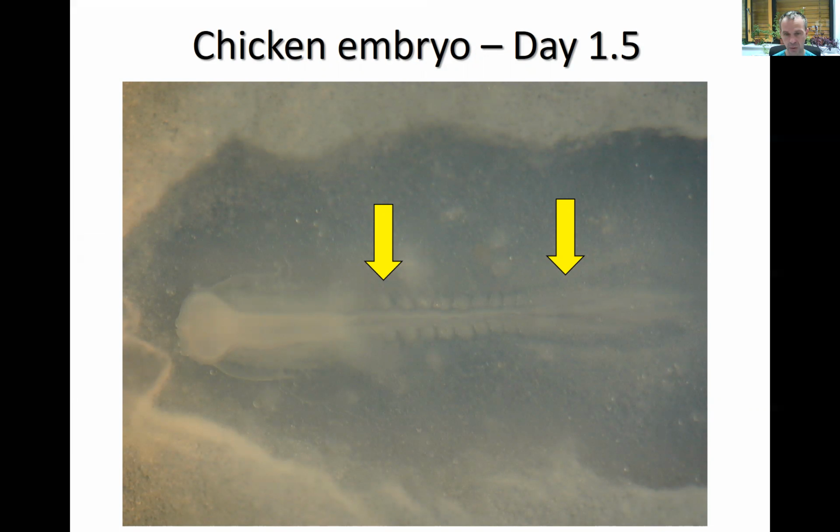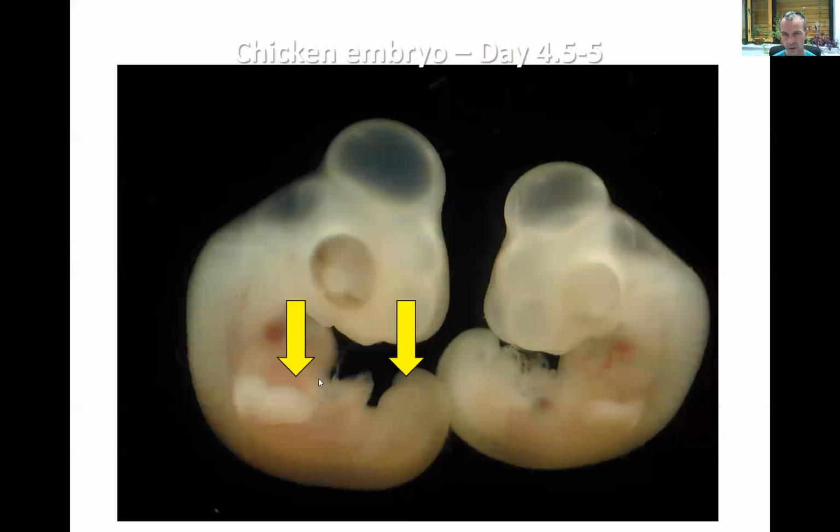This is a chick embryo here, and you can see the somites and the neurulation which is happening here. And then later in the chicken embryo, which is nicely formed here, you can see already the formed buds. So here are the basis for upper and lower limb on day 5.